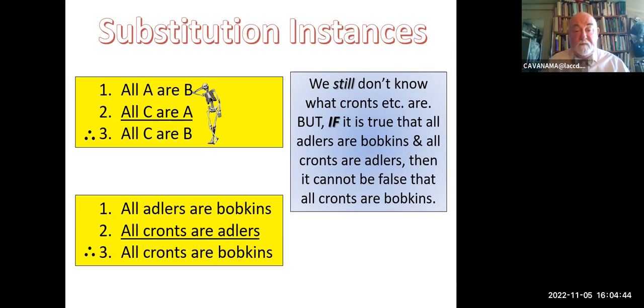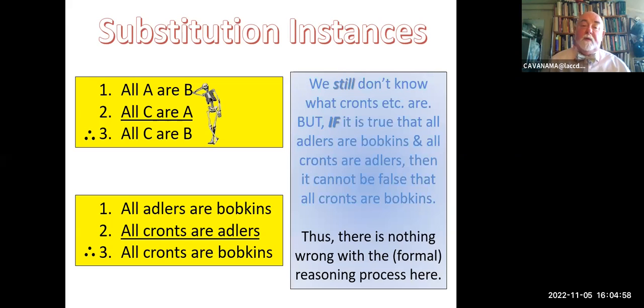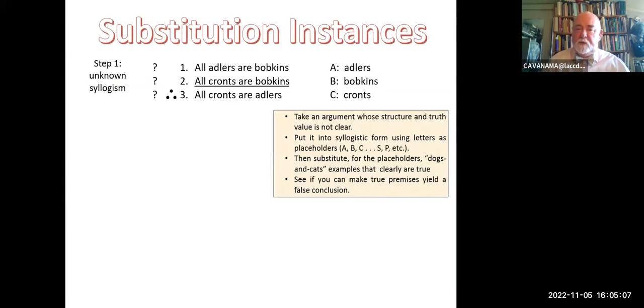It's true somehow that all Adlers are Bobkins. And if it's true that all Krafts are Adlers, then it cannot be false that all Krafts are Bobkins, because false cannot emerge from true premises. So there's nothing wrong with the formal reasoning process here, although again, we're kind of unclear about what these are.